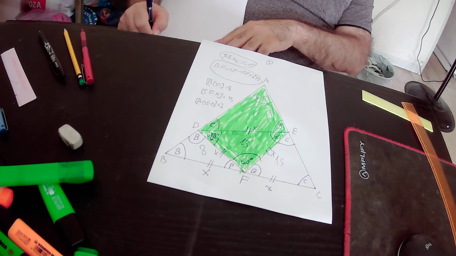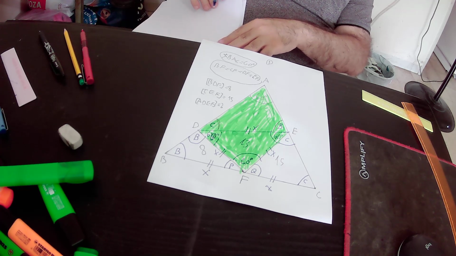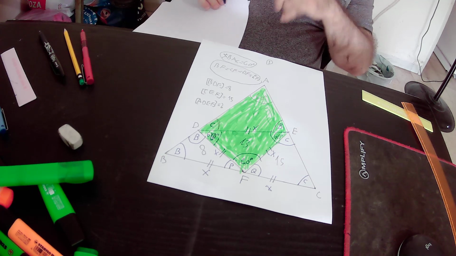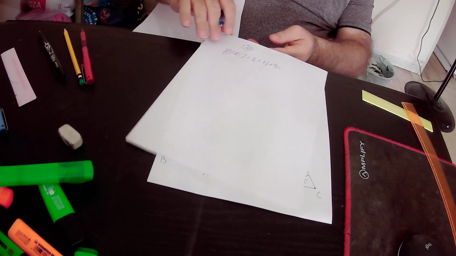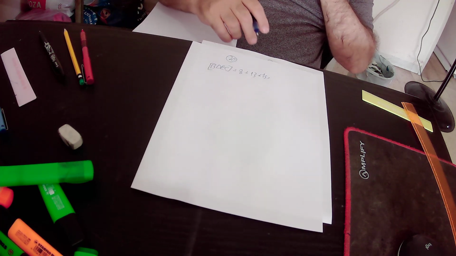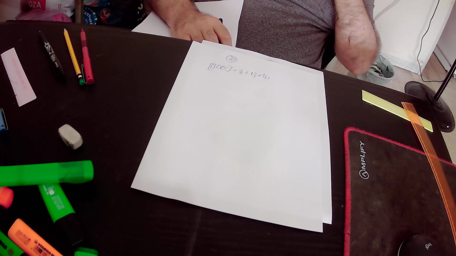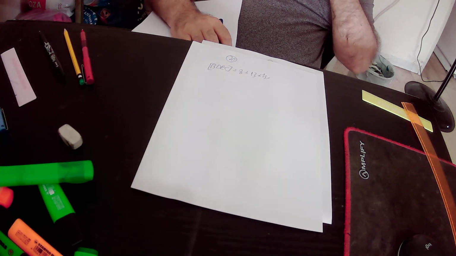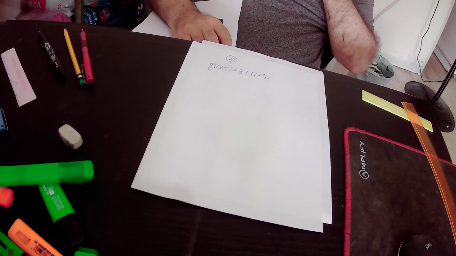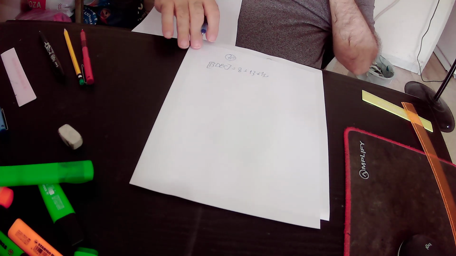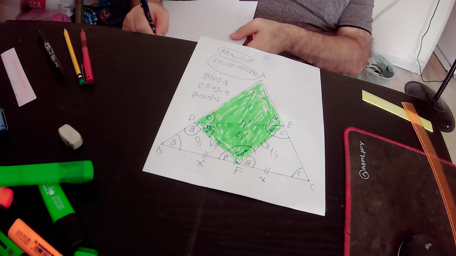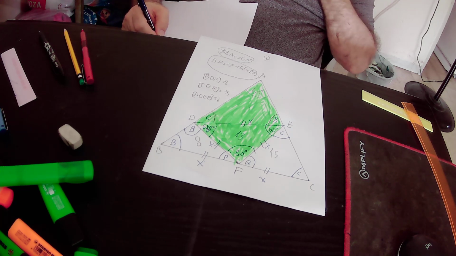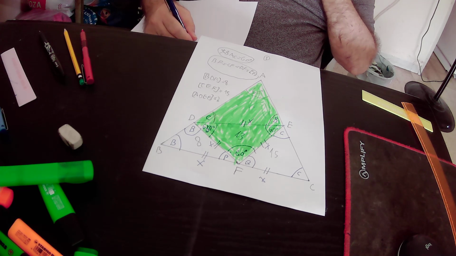So in total, the area equals 13 plus 8 plus 13 plus 15. 8 plus 13 is 21, 21 plus 15 is 36. So the area of the quadrilateral BDEC equals 36 square units.